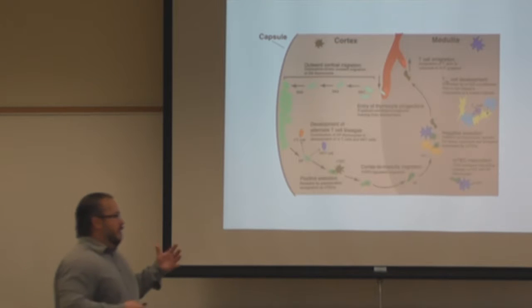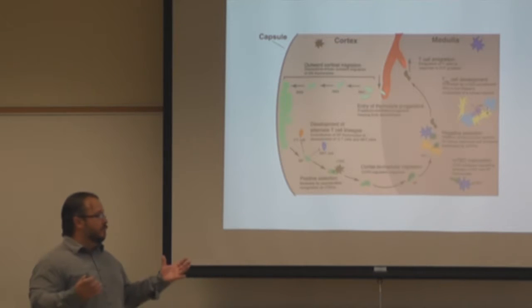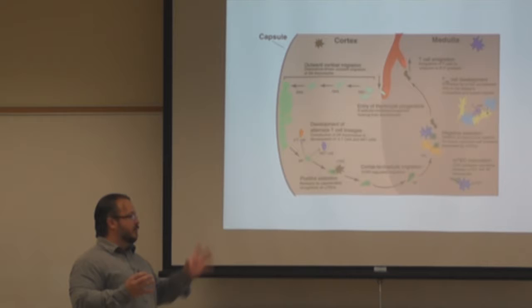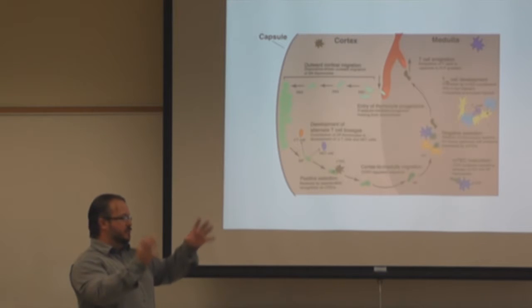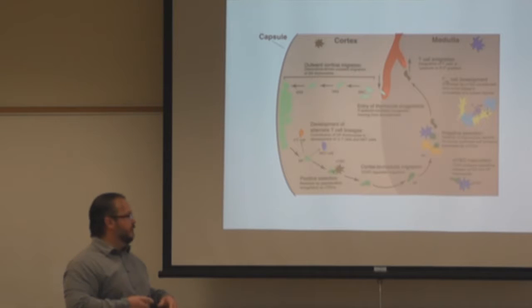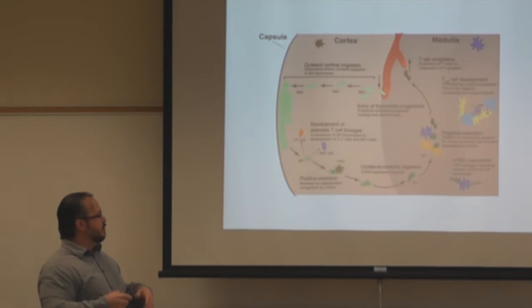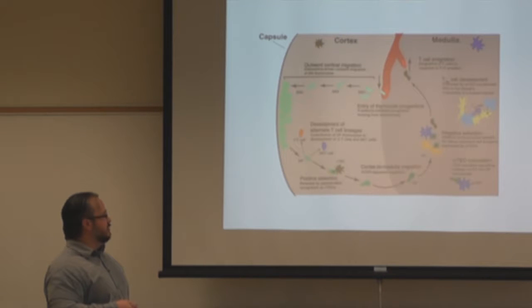So if you've got CD4, a helper T cell, and it finds this MHC class 2 molecule and happens to recognize it, or has some affinity or binding strength for it, then it will move on. It will become a CD4 T cell. It'll stop expressing CD8. It'll make that critical decision.